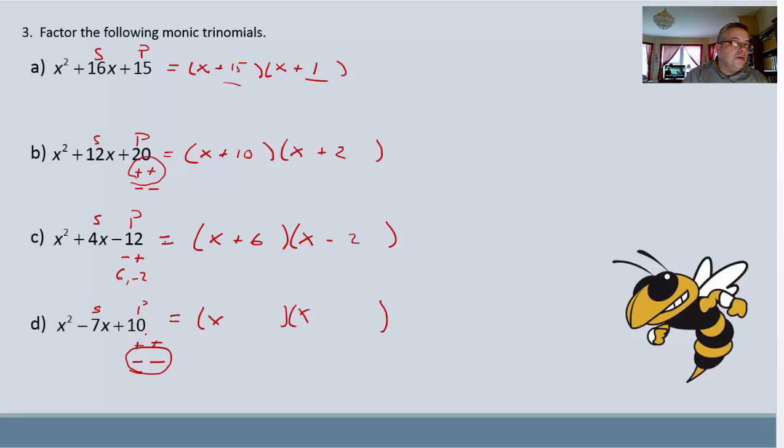Well, negative 2 and negative 5 would work. Negative 2 times negative 5 is positive 10. Negative 2 plus negative 5 is negative 7, so we have a winner. Negative 2, negative 5. And sure enough, if you multiplied this out, it would equal that. All right, so this is the trial and error method. In class, if you need it, we're going to learn a very powerful tool to find the right two numbers whose sum and product is what we want them to be.